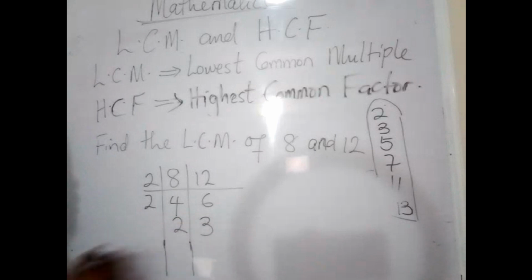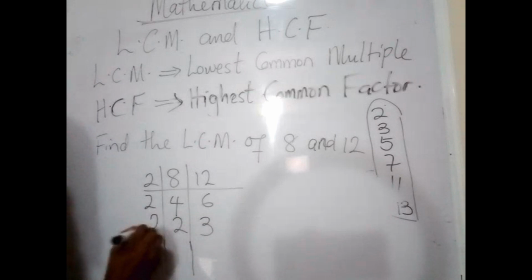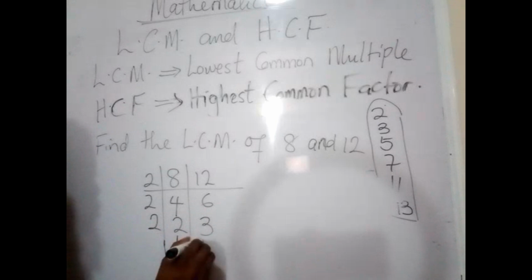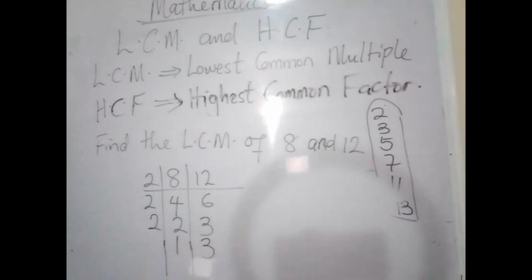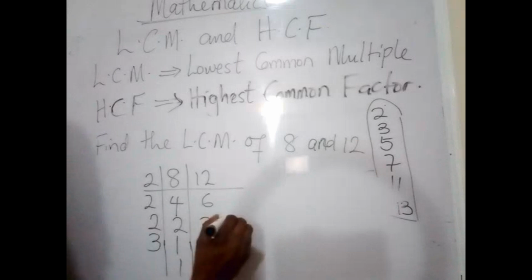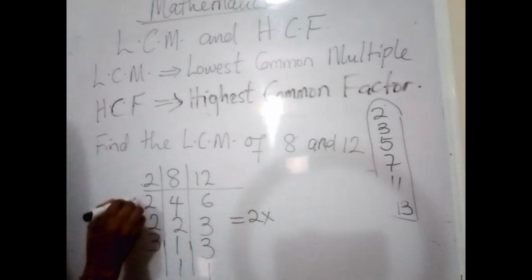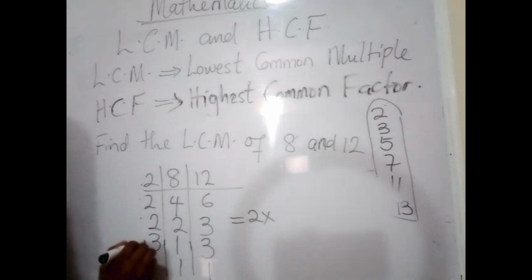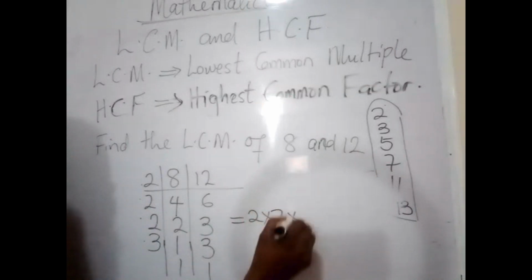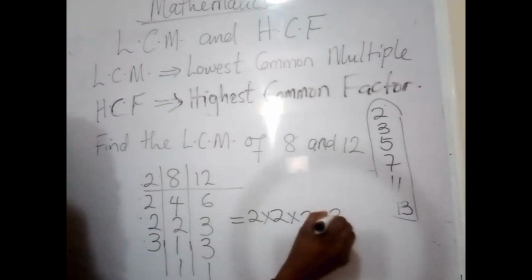Now we have 2 and 3, so 2 will still be used. 2 divides 2, 1. 2 divide 3, no, there will be a remainder, so we repeat 3. And then lastly, we use 3, 1 here, 1 here. That's the end. So what do we have here? 2 times 2 times 2 times 3.